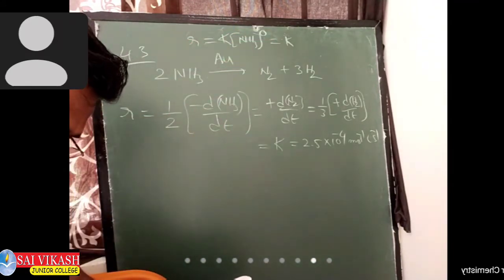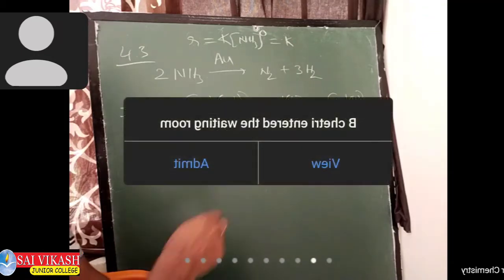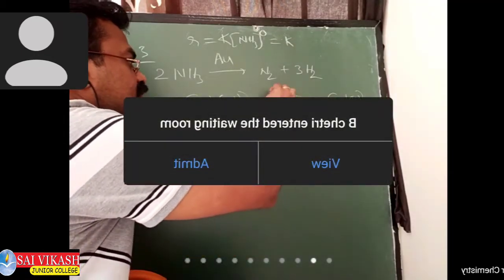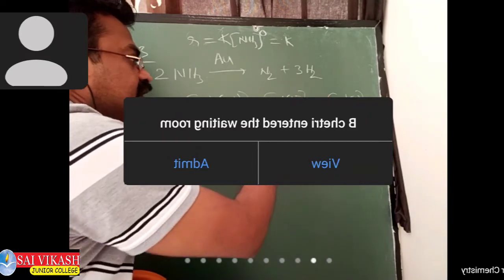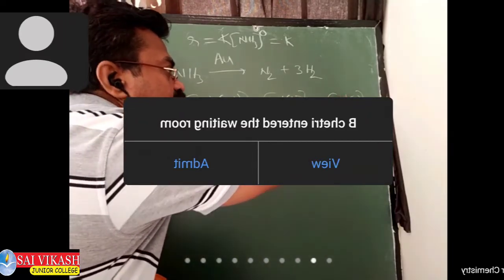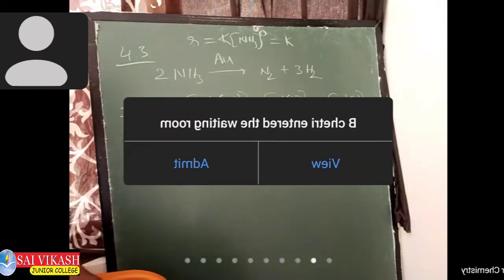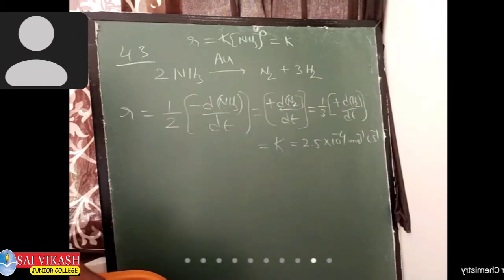But they are asking what are the rates of production of N2 and H2. Rate of production of N2 means only this one; rate of production of H2 means only these square brackets. So only this they are asking.